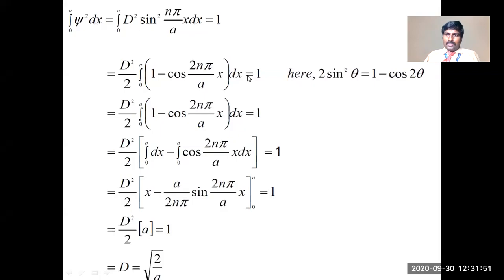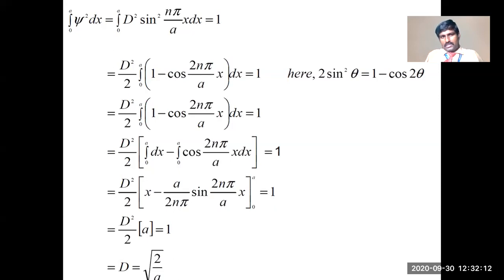Why are we getting 1? This is normalization, that psi square equal to 1. Like in matrices, A inverse equal to 1. Similarly, in the quantum postulate, psi star, the inverse of the psi, and the psi, if you multiply, you will get 1.